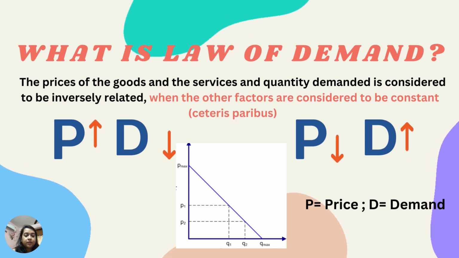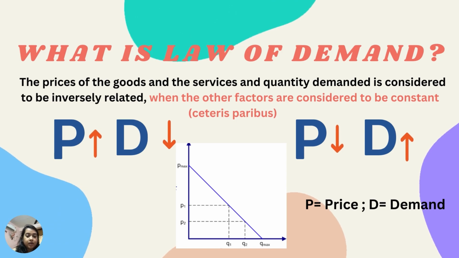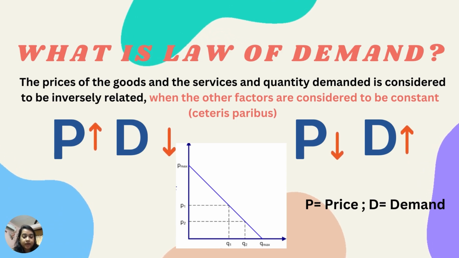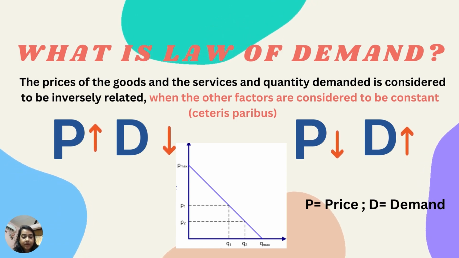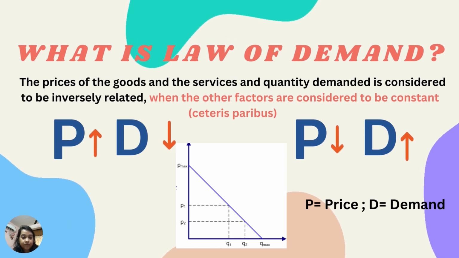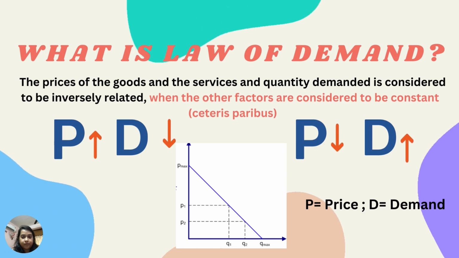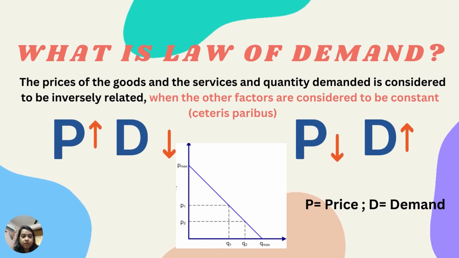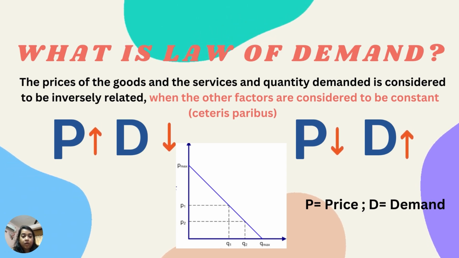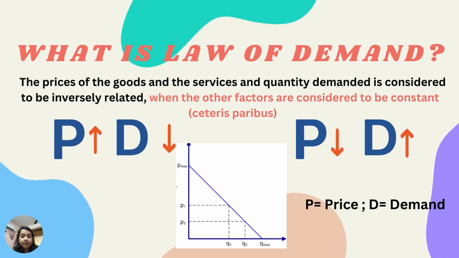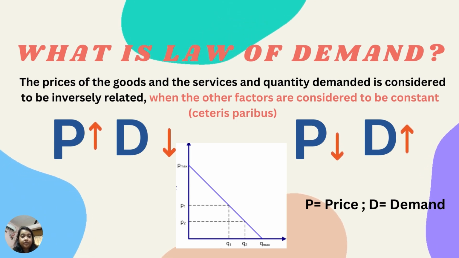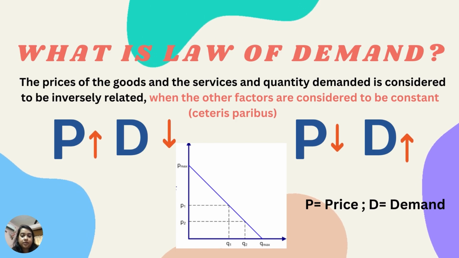So you can see from the figure, that is the graph, that when the price reduces from P1 to P2, the quantity increases from Q1 to Q2, right? So this is the law of demand, and the law of demand states that, other factors remaining the same, price and quantity are inversely related.